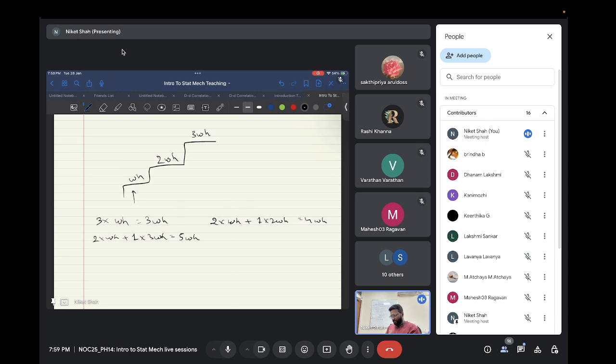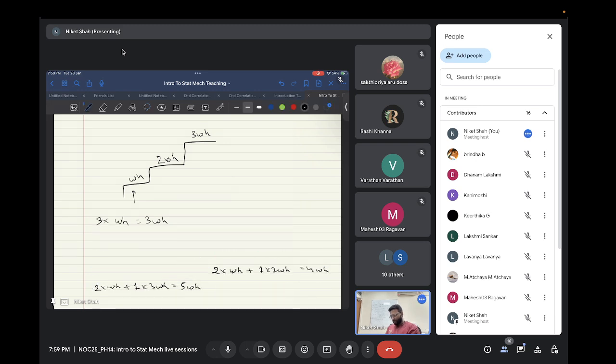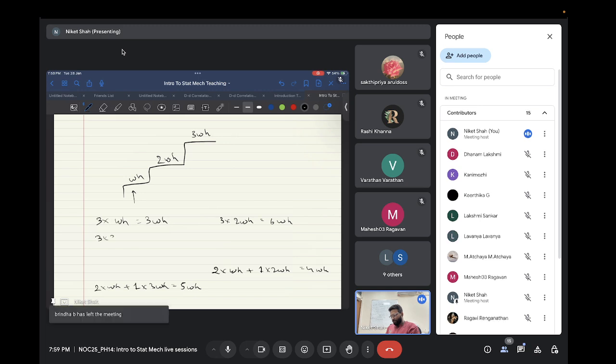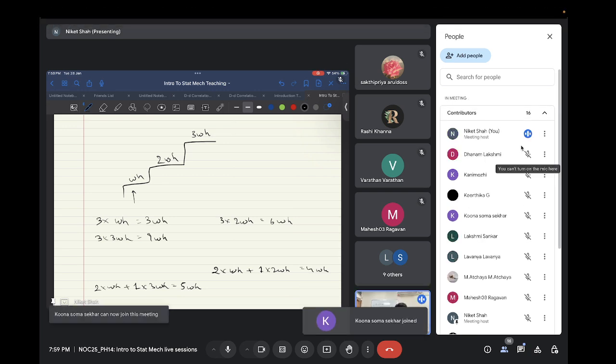Actually, let me take this out first. We can work through the possibilities. I think we can. This is a small problem. 3 into 2WH is equal to 6WH. 3 into 3WH is equal to 9WH. So what I'm doing is listing all the possible energies that these combinations can have.